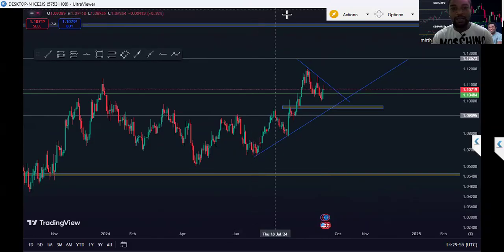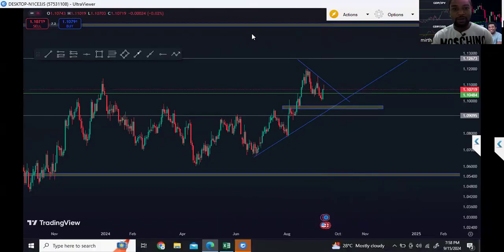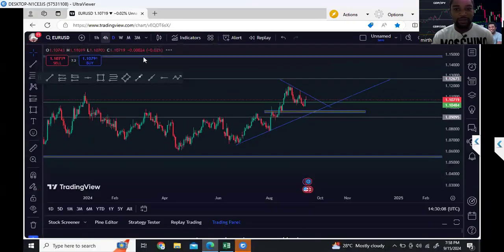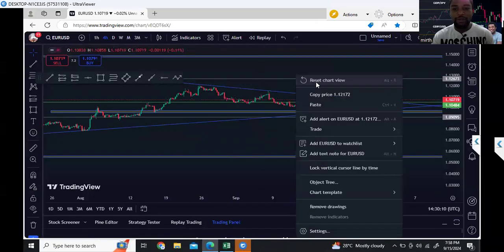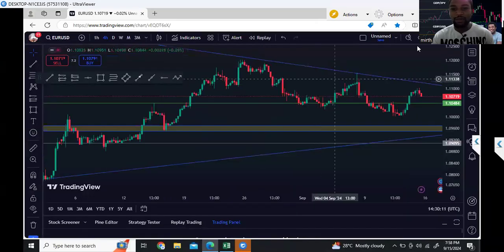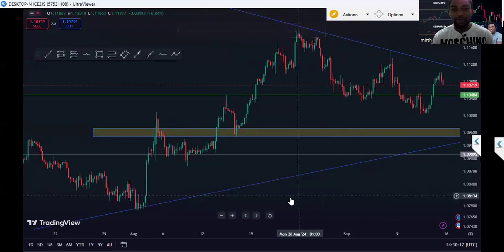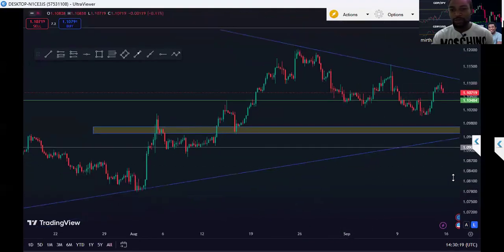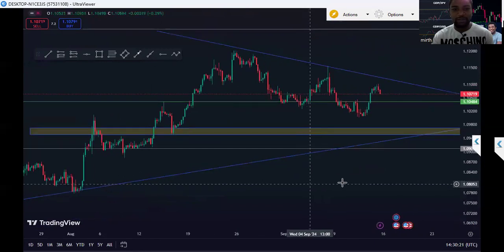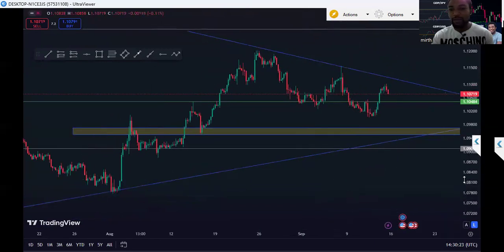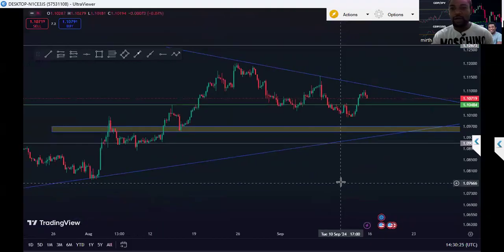So I'll come back down to my 4-hour time frame. Normally, I don't like coming down to my 4-hour time frame so much because the 4-hour time frame is kind of deceptive. I'll be very careful when I come back down to it.